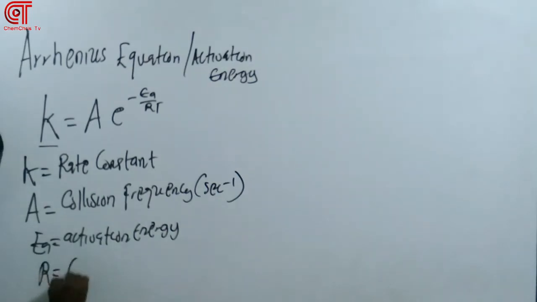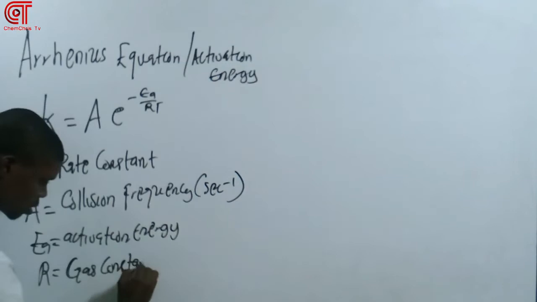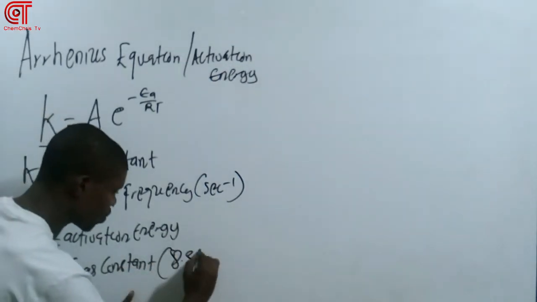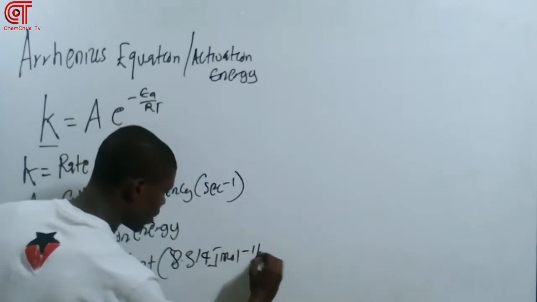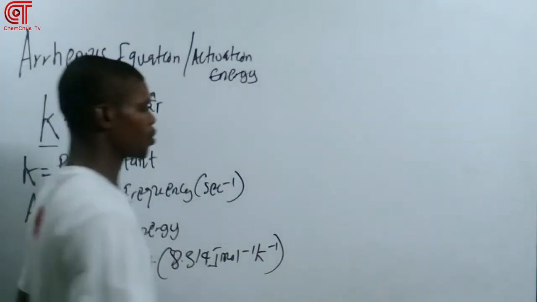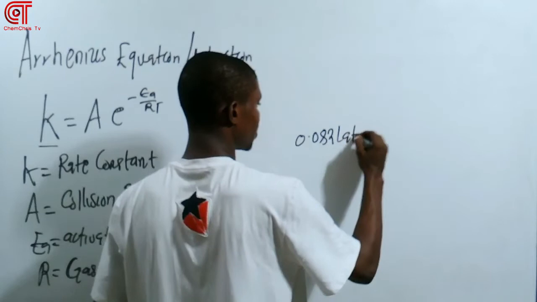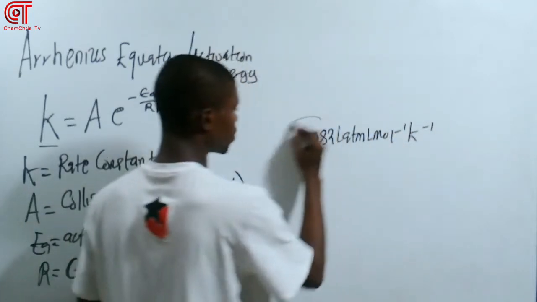R equals the gas constant, which is 8.314 joules per mole per Kelvin. Remember in gas laws we have 0.0821 atm liter per mole per Kelvin, so we are not using that one here.